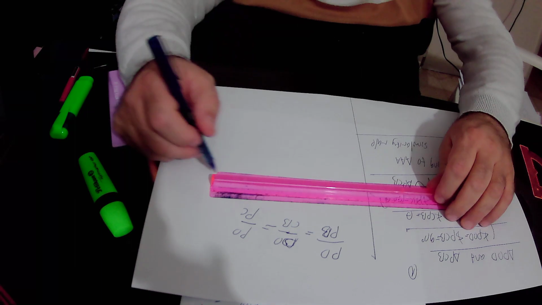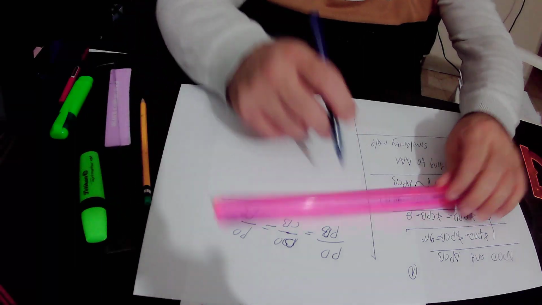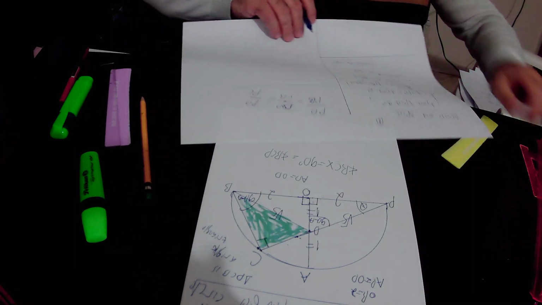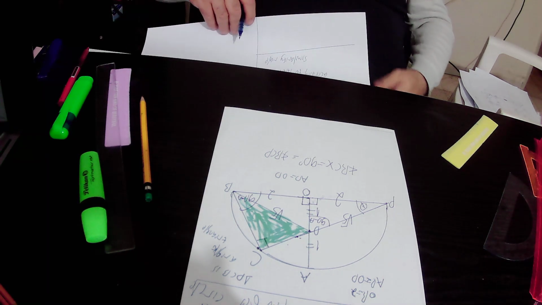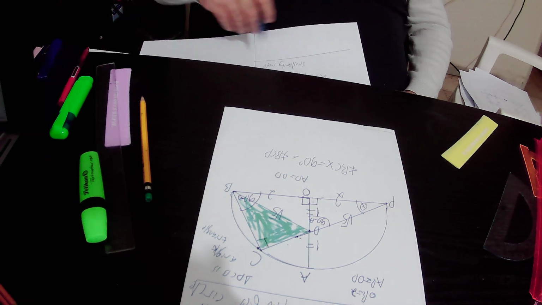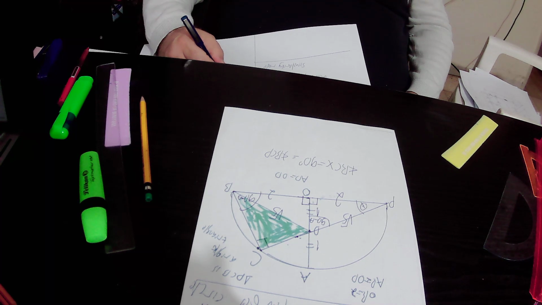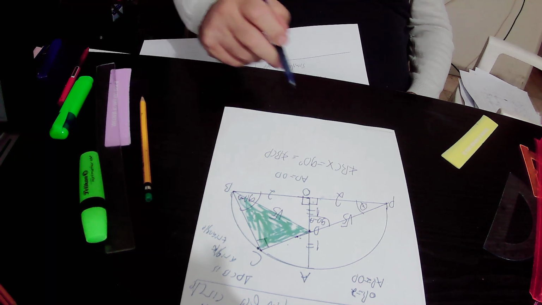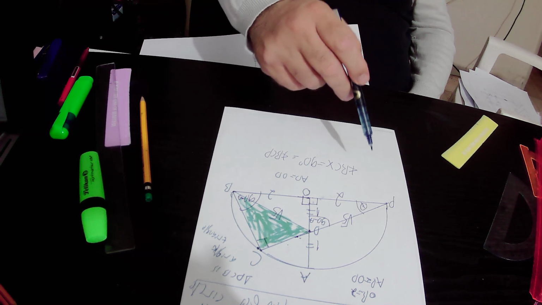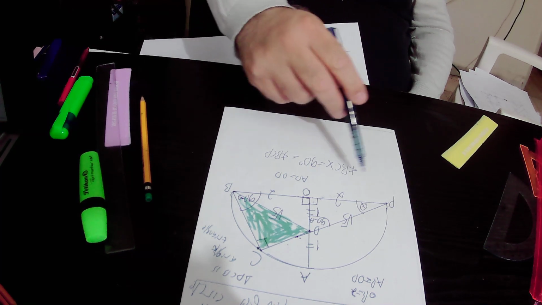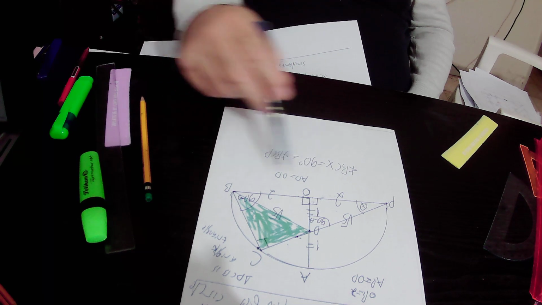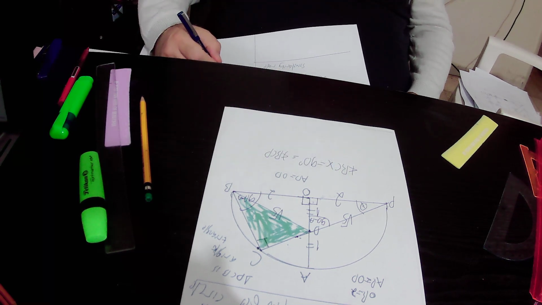Okay? So here, PD equals square root of 5 units over PB equals 2 plus 2, that is 4.